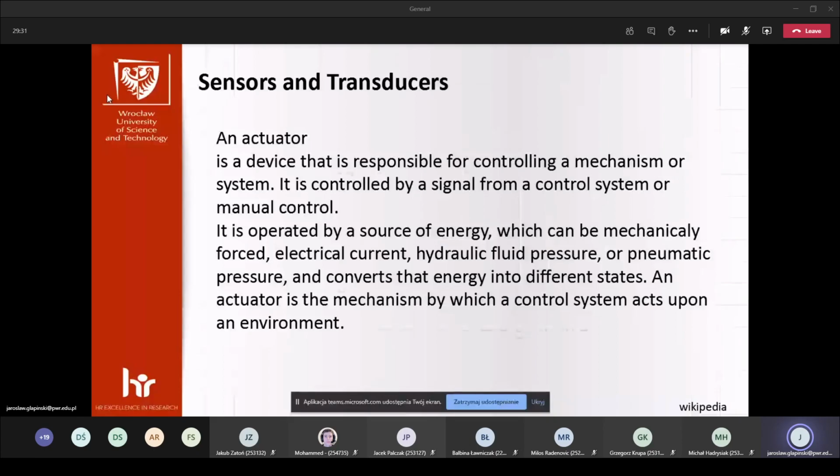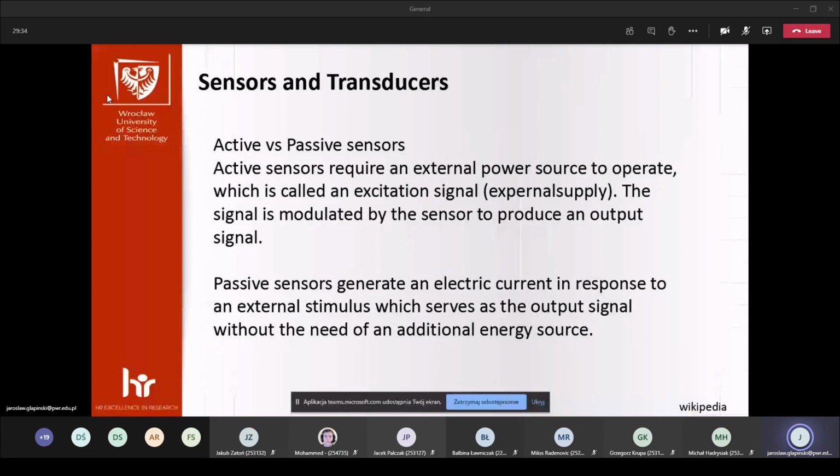Okay, so these two parts of the transducers can be divided into active and passive. Of course, this is just up to the sensor, because the actuators are generally supplied. So an active sensor requires an external power source to operate, which is called an excitation signal or external supply.